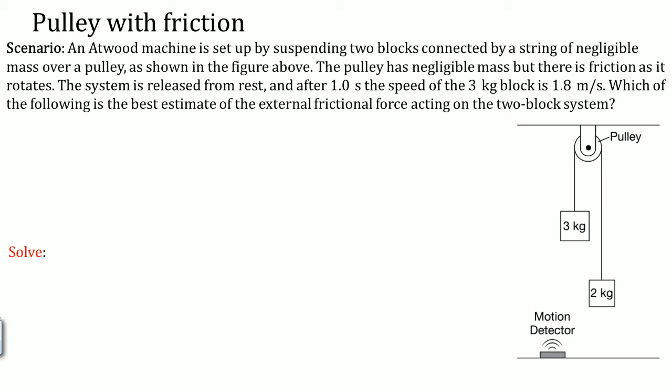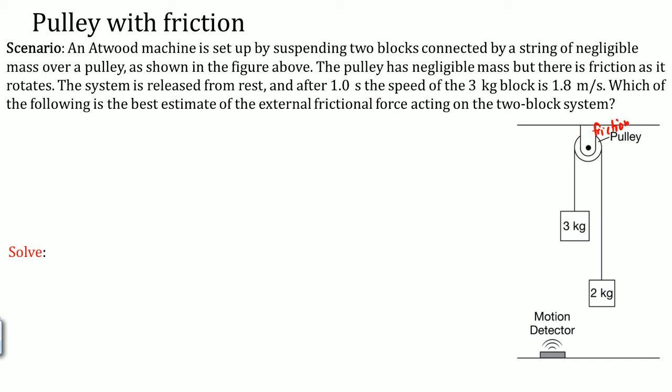So this pulley here, there's going to be friction. When the system is released from rest, after 1 second, the speed of the 3 kilogram block is 1.8 meters per second. Which of the following is the best estimate for the external friction force acting on the 2 block system?